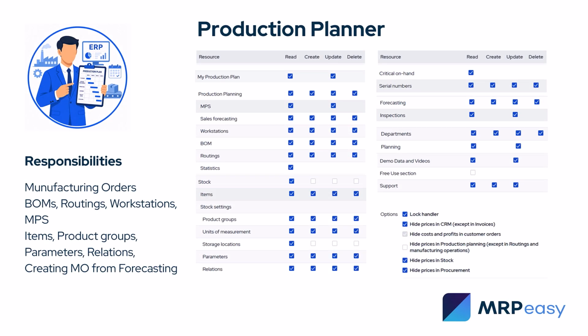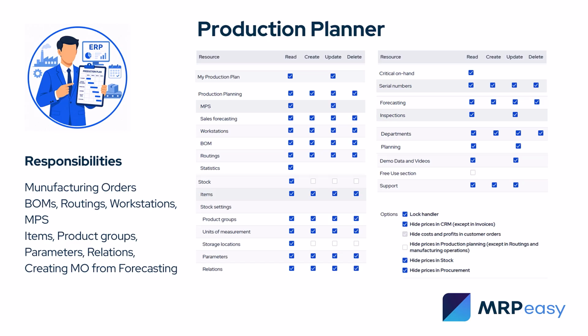The production planner role in MRPeasy is central, as this user defines production technology. He is responsible for creating, scheduling, and assigning manufacturing orders, managing bills of materials and routings, and setting up workstations. He is also actively involved in the master production scheduling process.